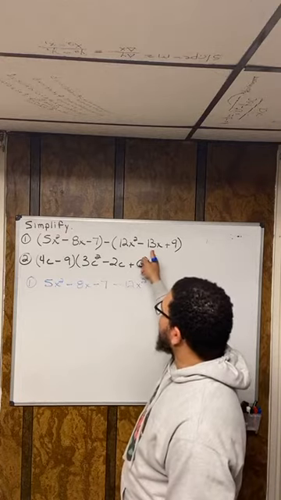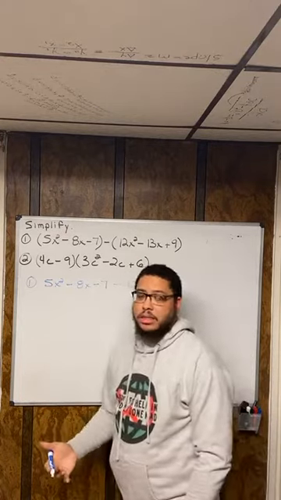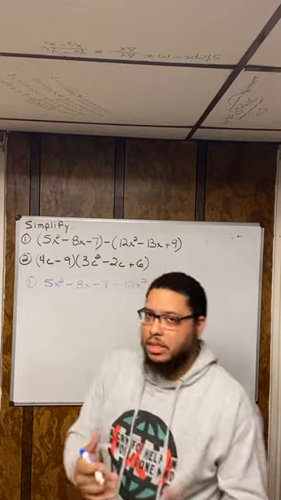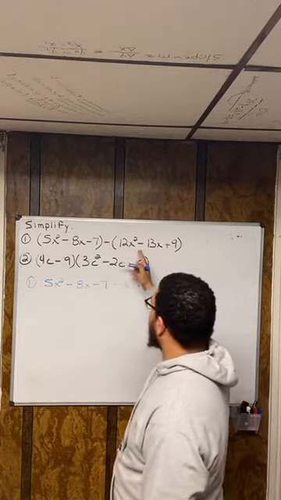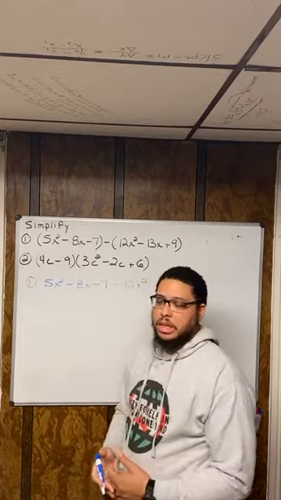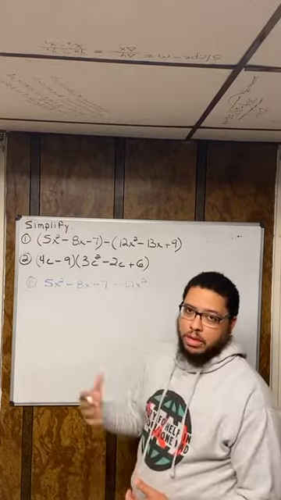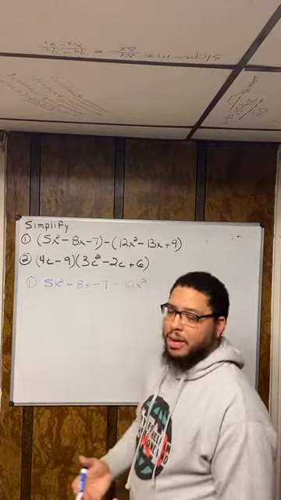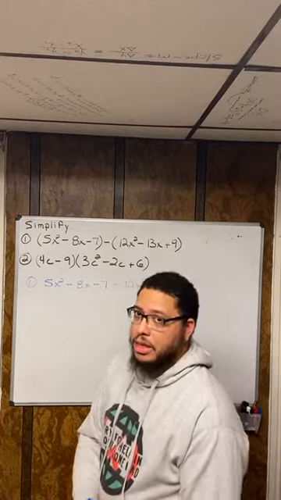Then you go to the next term, negative 13x. What is negative 1 times negative 13x? Positive 13x, because a negative times a negative equals a positive. Remember, with multiplication and division in algebra, two wrongs make a right. Two negatives make a positive. Only with multiplication and division, though.